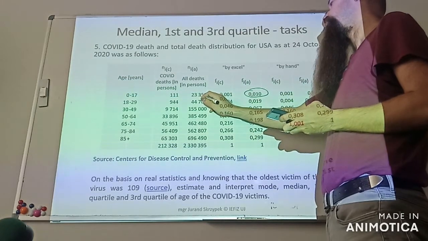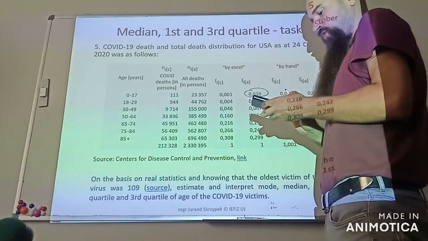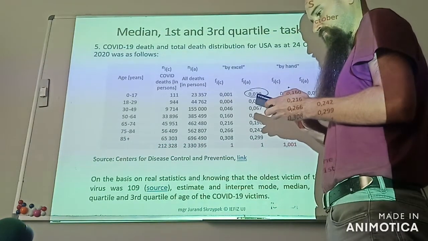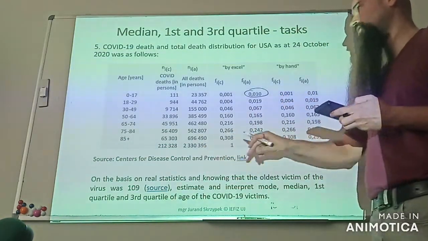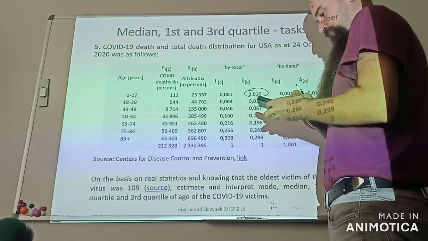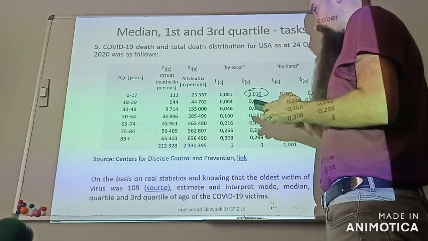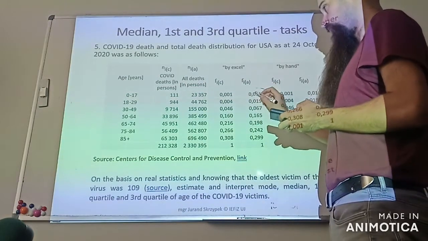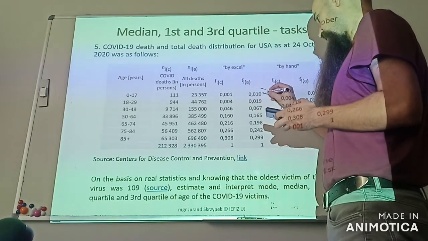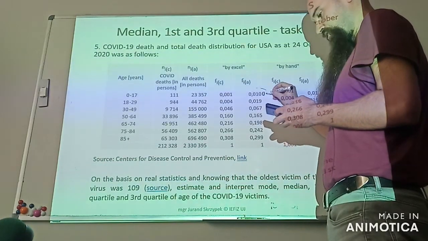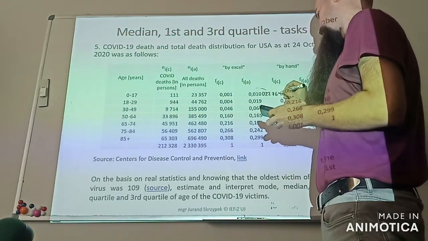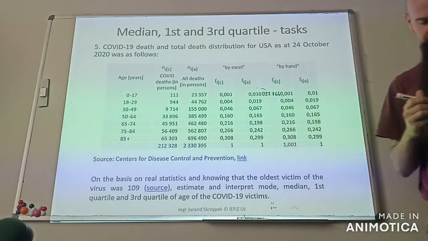How to compute it? We compute the ratio between 23,357 and this number, total deaths from the beginning of the year. And the ratio is the following: 0.010, okay, but after that we have 0, 2, 2, 7, 6, 4, and so on.